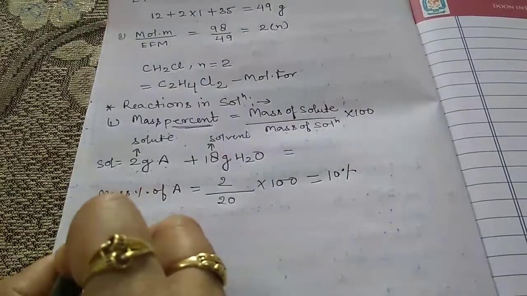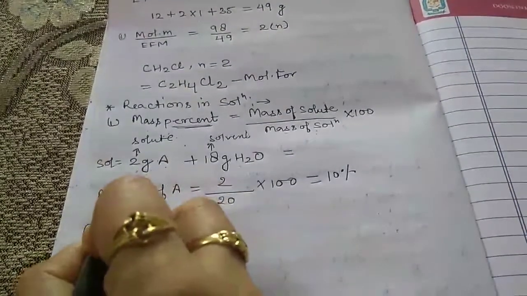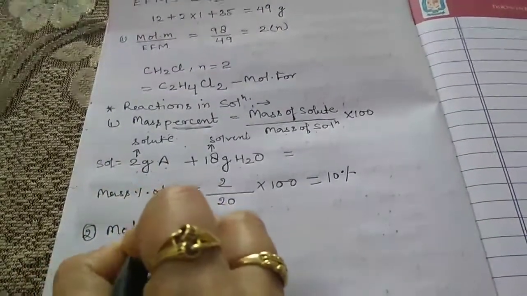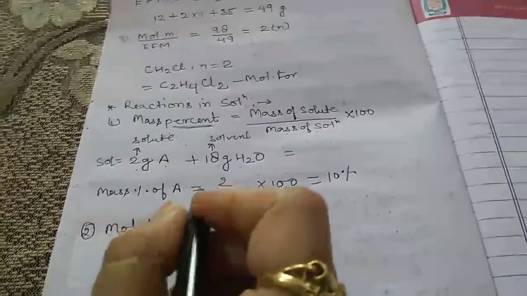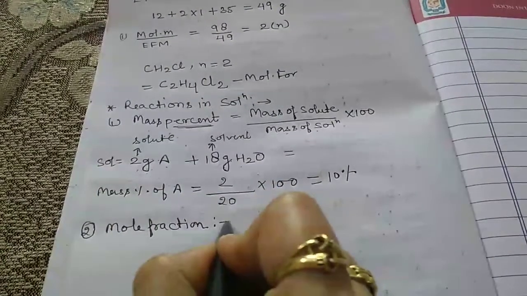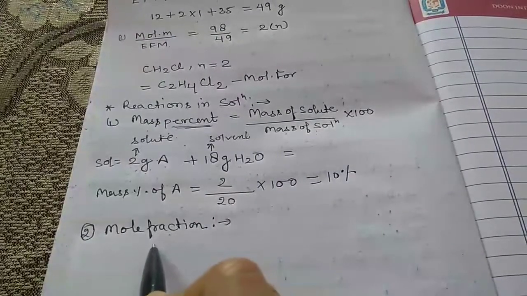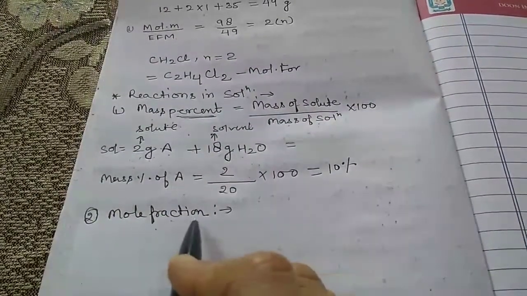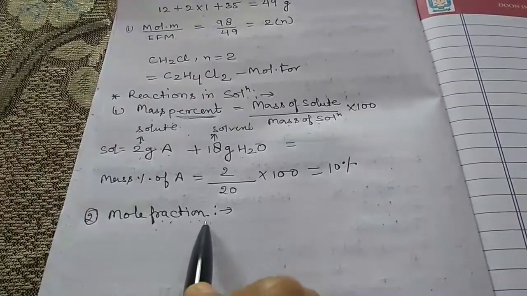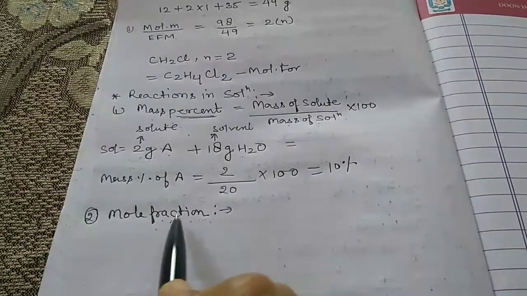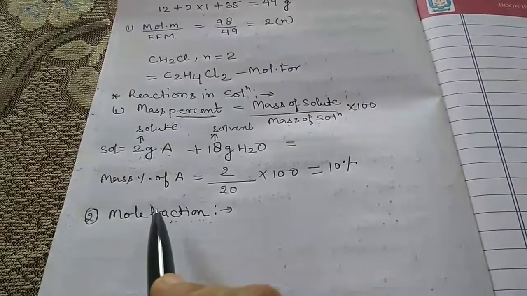Now the second way is mole fraction. This is the second way. When the term fraction is used, it means it is a ratio. It is the ratio of the number of moles of a particular component to the total number of moles of the solution.